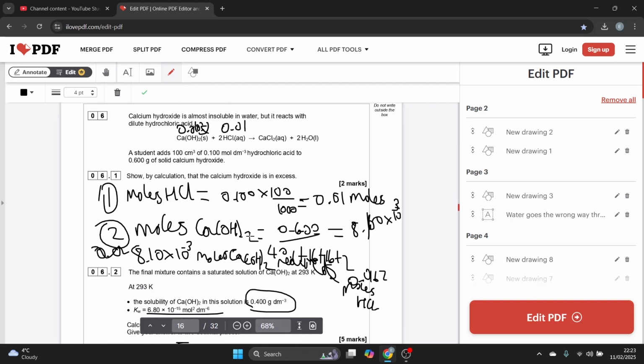So I know the solubility of calcium hydroxide is 0.40 grams per dm cubed.